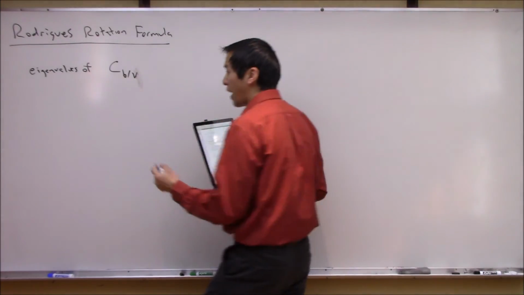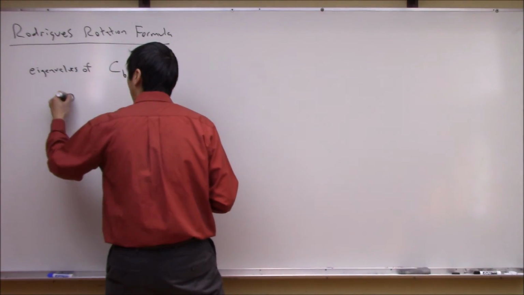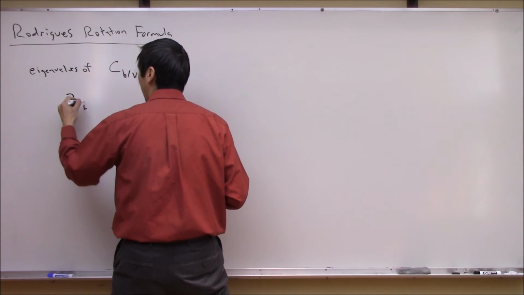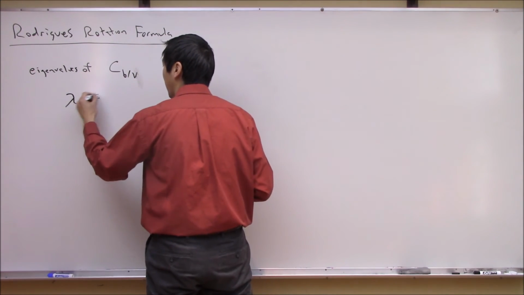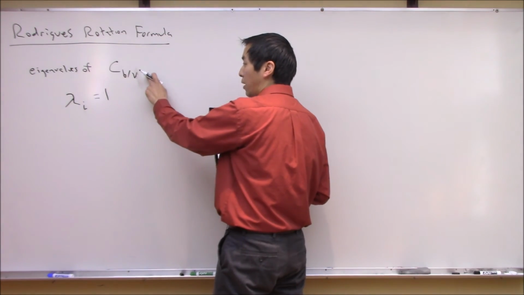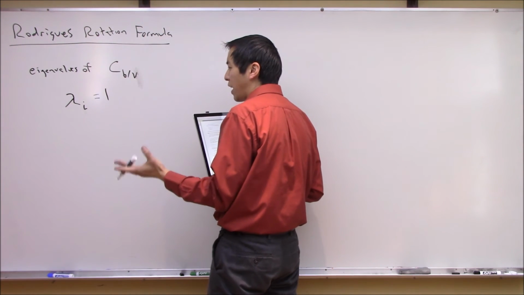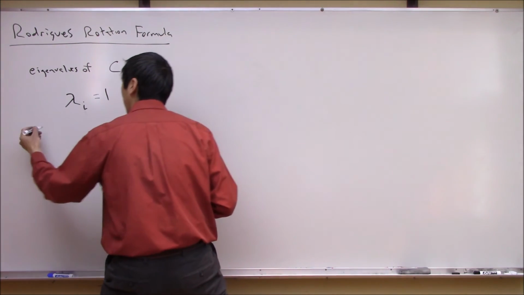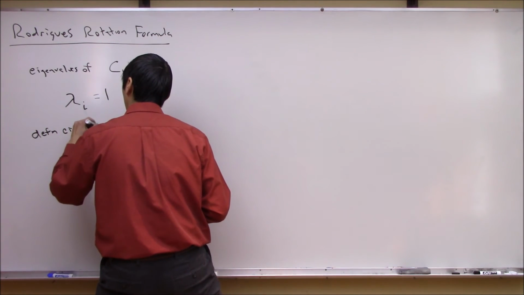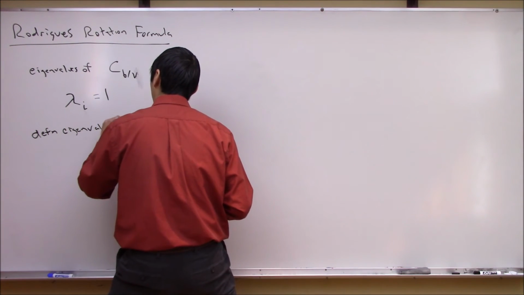Okay, so this is really fascinating. We saw that one of these eigenvalues, let's call it lambda I, of this matrix is going to be 1. So what's the definition of the eigenvalue and eigenvector?